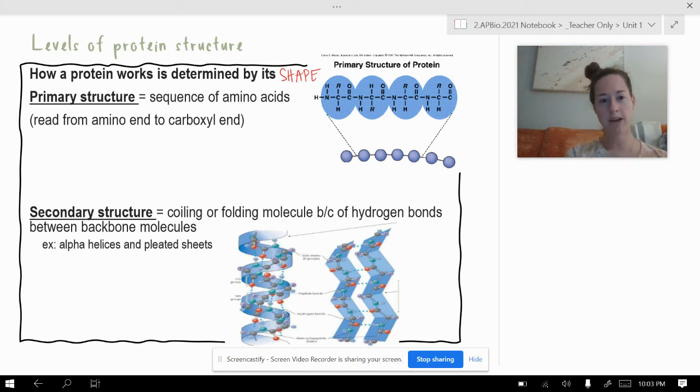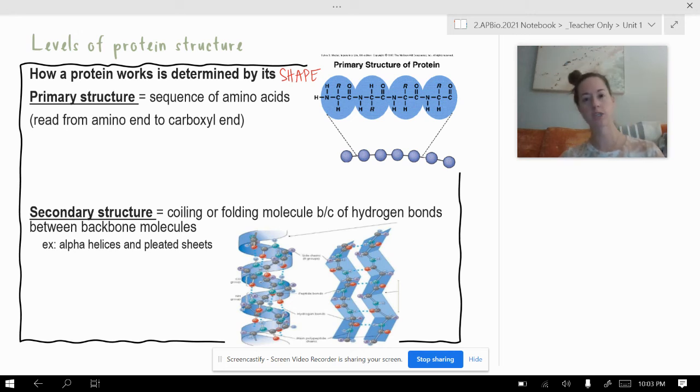The order of the amino acids is determined by your DNA code. That's what decides it. So, super important that you eat proteins so that you can get the essential amino acids that your body doesn't naturally produce to build the hormones that your body actually needs. So, just wanted to say that.